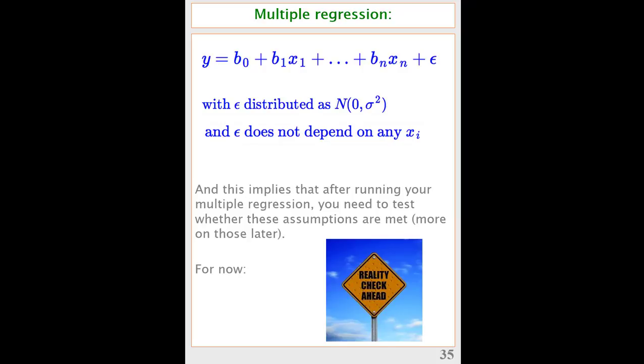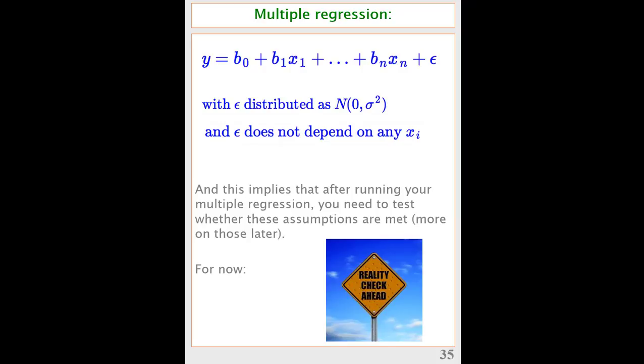And something else that needs to be the case is that epsilon itself shouldn't depend on any of the predictor variables x. So it shouldn't be the case that for a given x there is a relation between x and the residual. For instance, if age is increasing and I predict with age, that for small age I have small residuals, and for large age I have large residuals. Also something that's not allowed to happen.